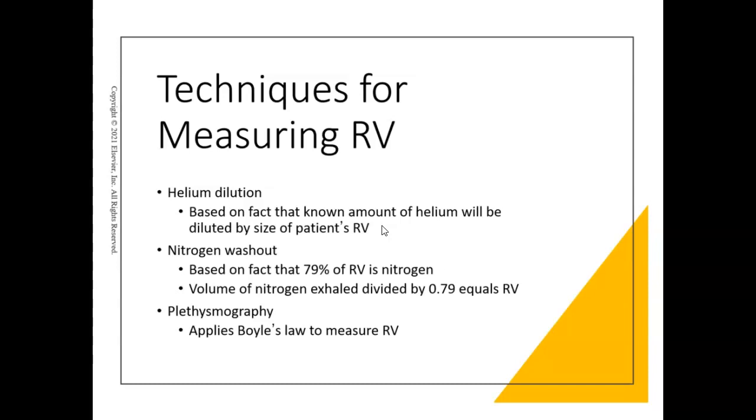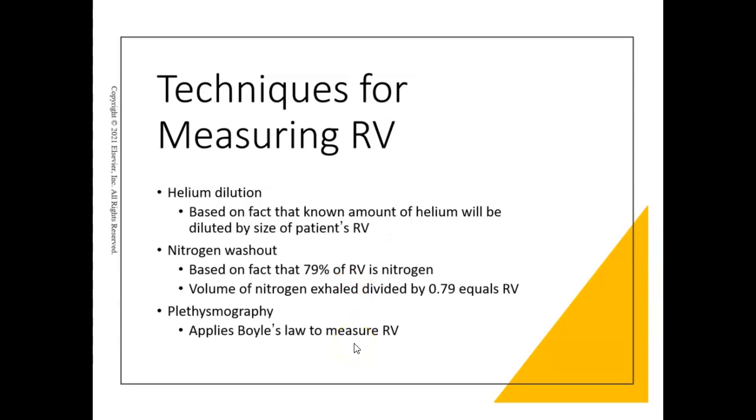They perform it like the helium dilution, breathing through that closed circuit, just tidal breathing, but they're getting 100% oxygen. We measure to see when they start exhaling 100% oxygen, essentially. That tells me that we have replaced all of the air that was trapped in their lungs with oxygen, and I can calculate their RV.